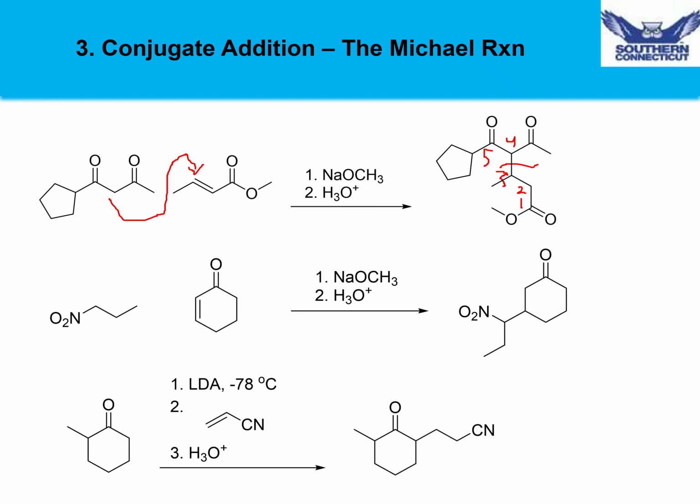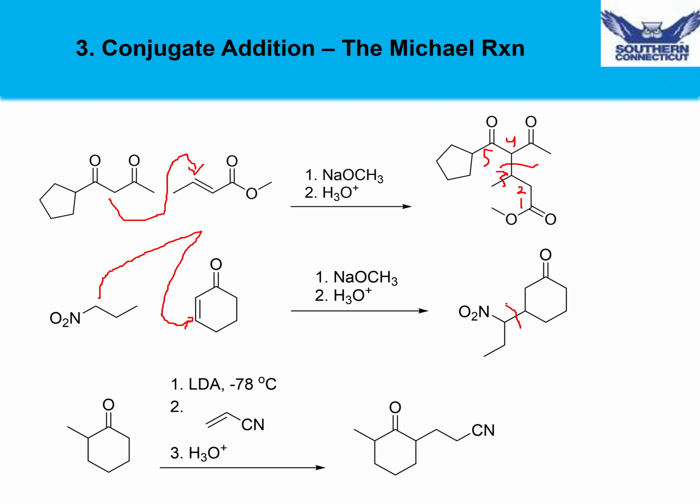In the next example, we're using a nitro compound, an alkyl nitro compound, which are highly acidic. So this carbon here is the most acidic. It will form an enolate there, and it will attack the beta carbon of this alpha beta unsaturated ketone, and it will end up making this bond here.